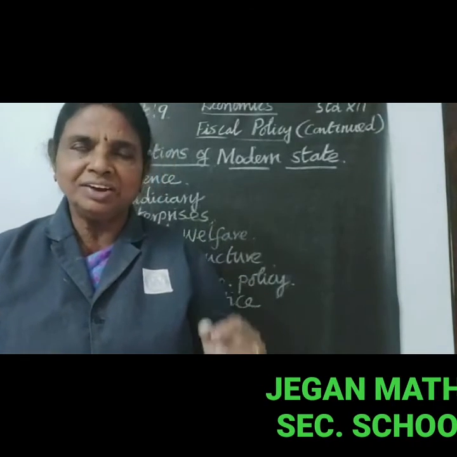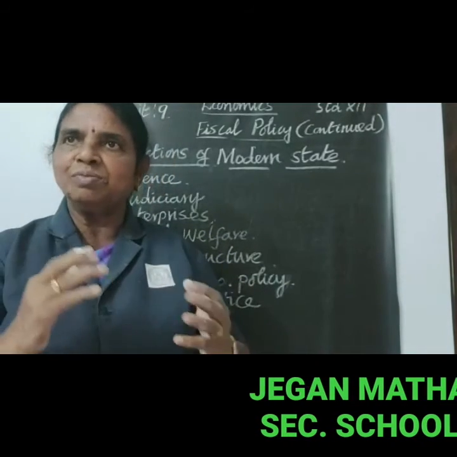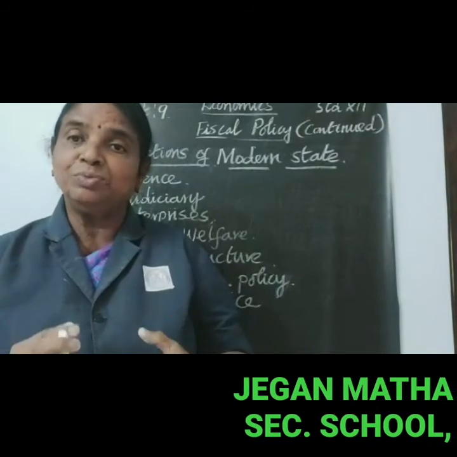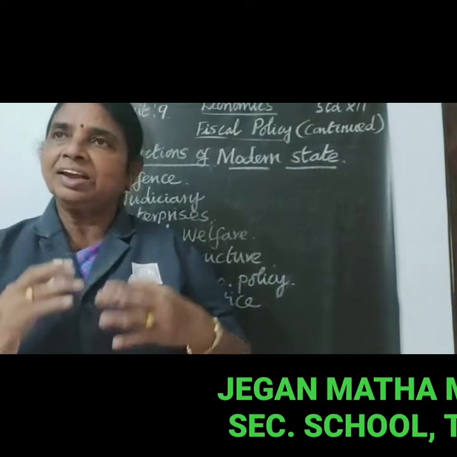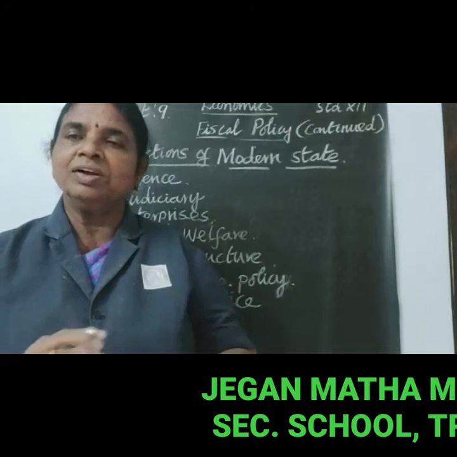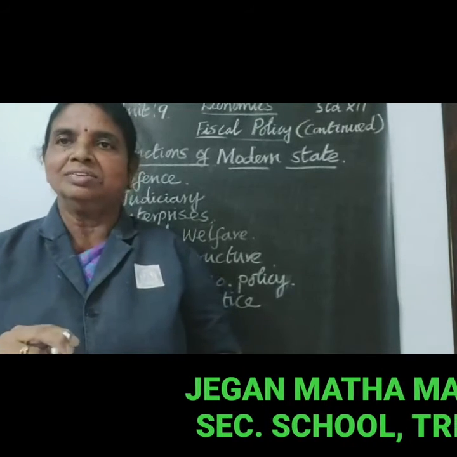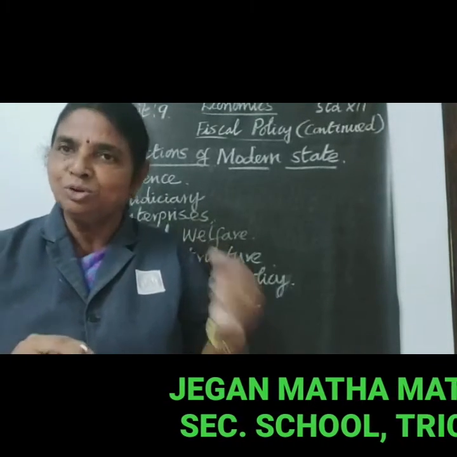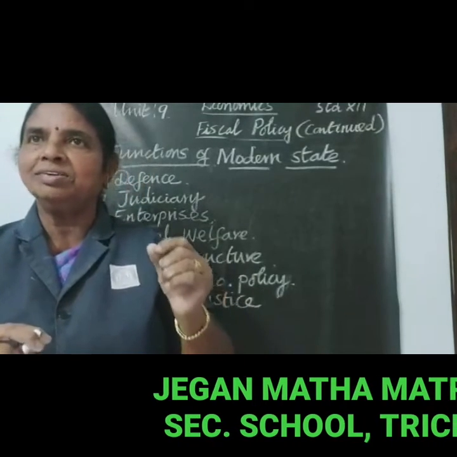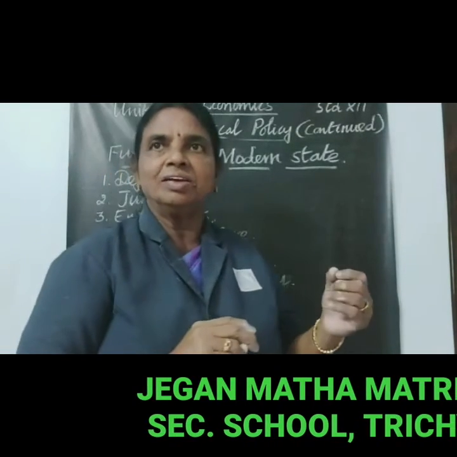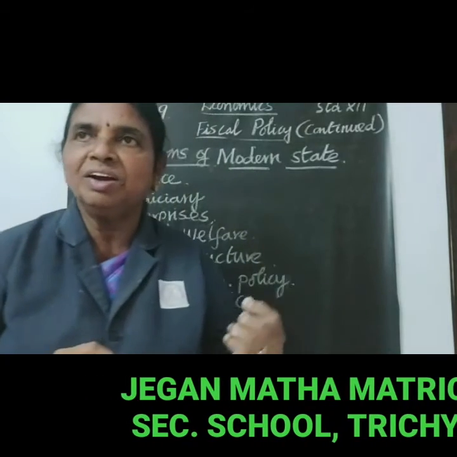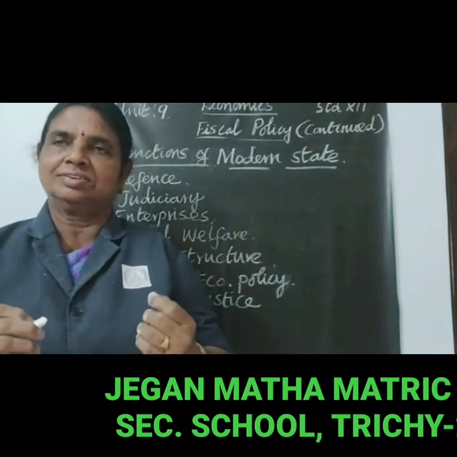The government needs to intervene with fiscal measures to redistribute income. The redistribution of income in a just manner is one of the important duties of a modern state. So that is important, bringing out social justice.